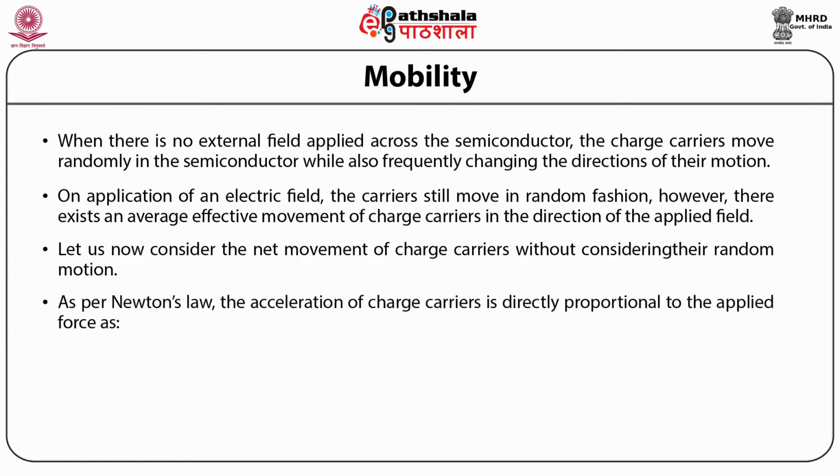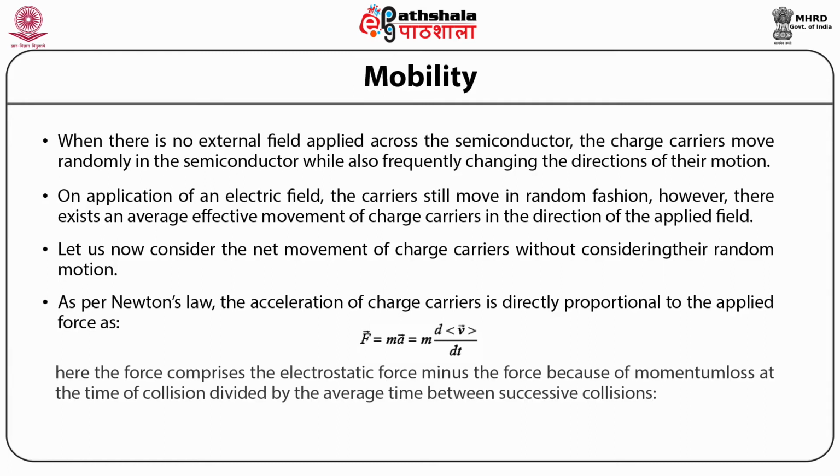As per Newton's law, the acceleration of a charge carrier is directly proportional to the applied force, as F equals m into a vector, equals m into dV vector by dt. Here the force comprises the electrostatic force minus the force because of momentum loss at the time of collision divided by the average time between successive collisions.